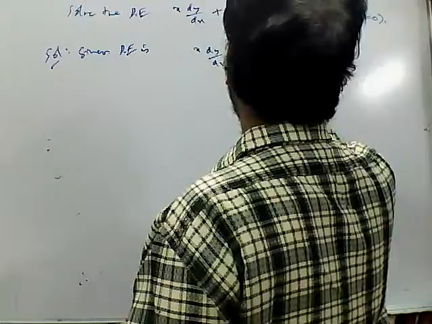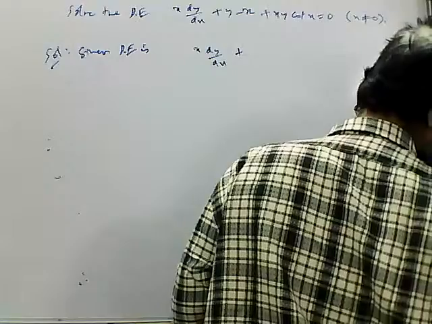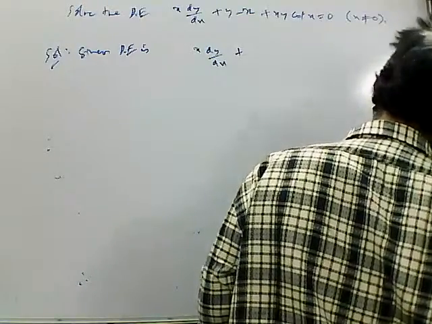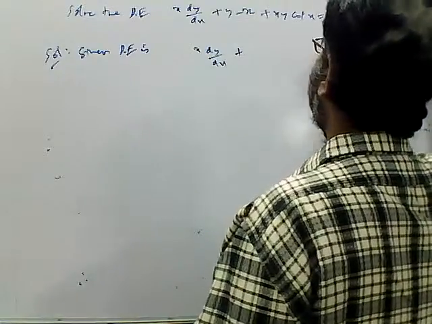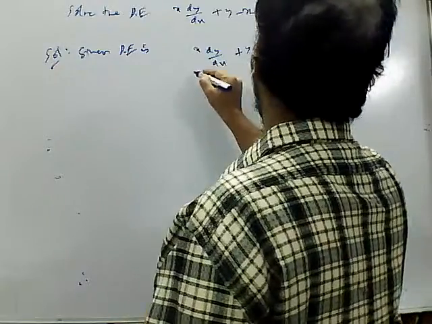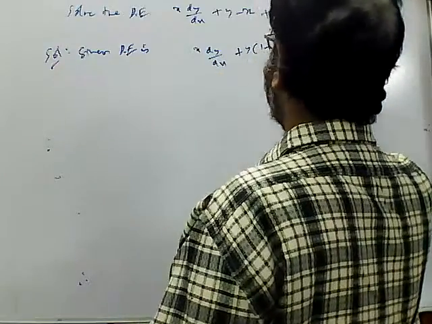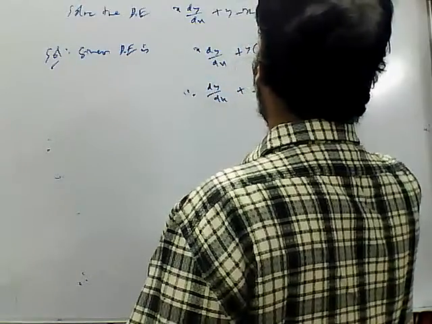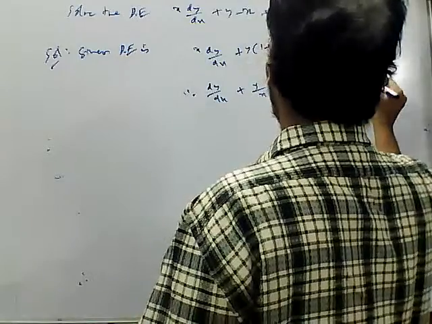So what do we do here? Taking y common: dy/dx + y(1/x + cot x) = 1. Therefore, dy/dx + y/x (1 + x cot x) = 1.